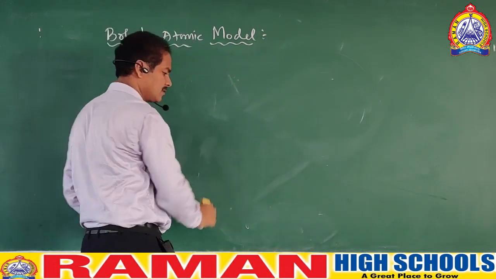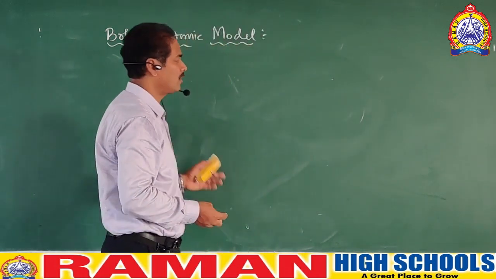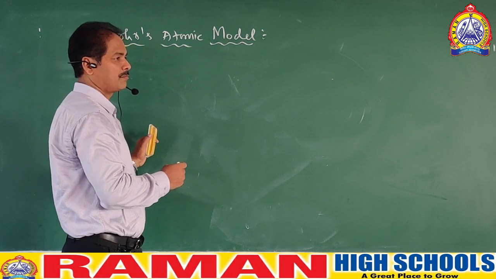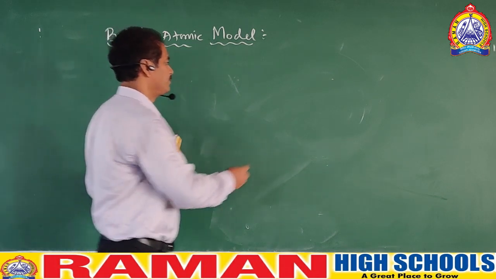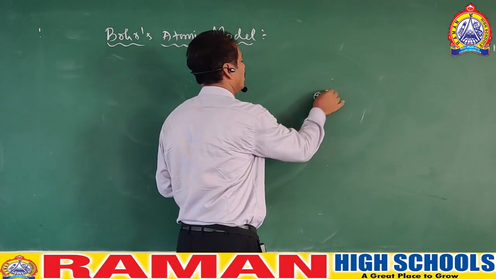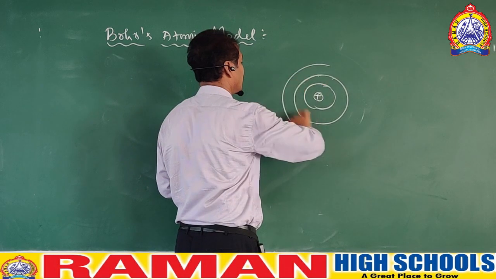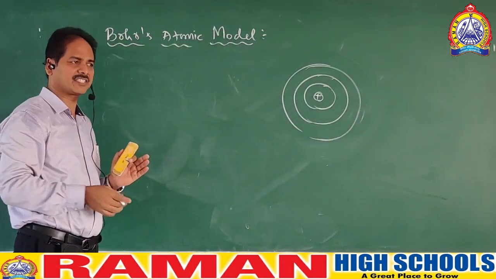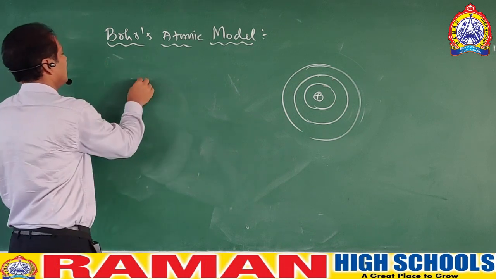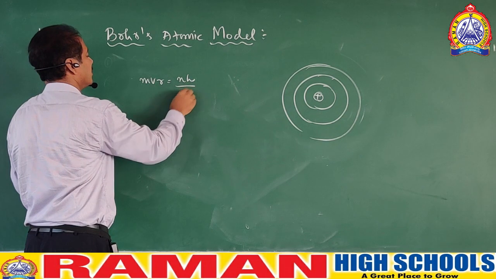And not only this, Niels Bohr has quantized the momentum of the electron when it is revolving around the nucleus. Quantization is giving a fixed value, that is mvr is equal to nh by 2 pi.